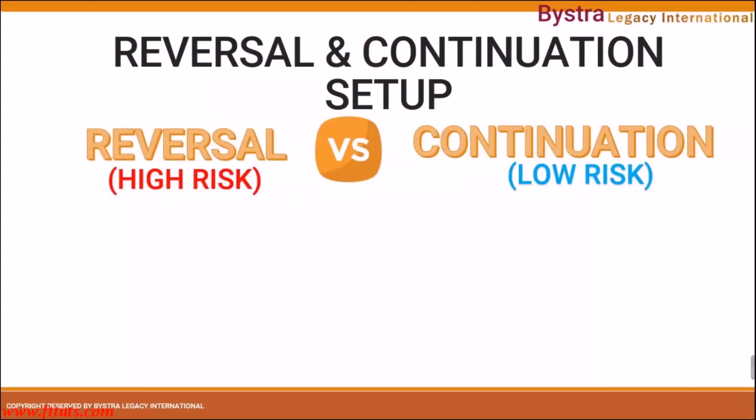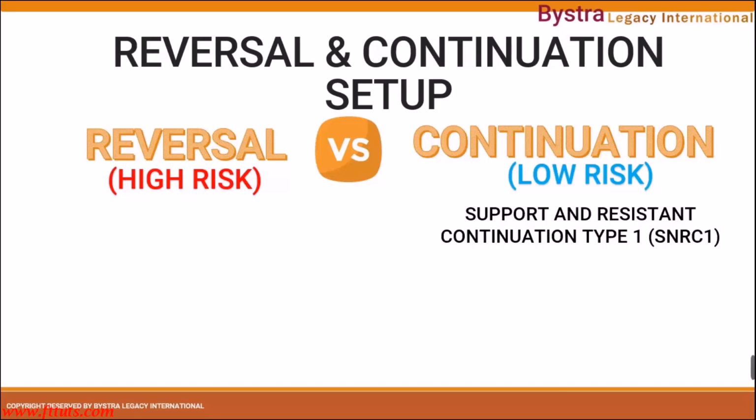Now, in these 5 setups, there are some setups that are under the category of reversal, and some setups are under the category of continuation. So let's look at it. The support and resistance continuation type 1, which is the SNRC1, will fall under the continuation category.